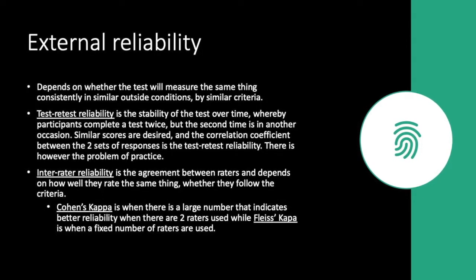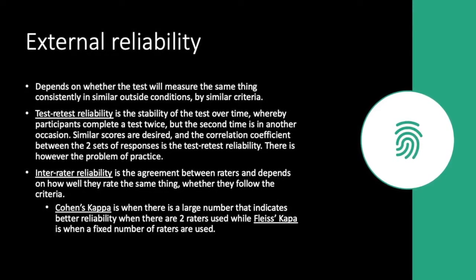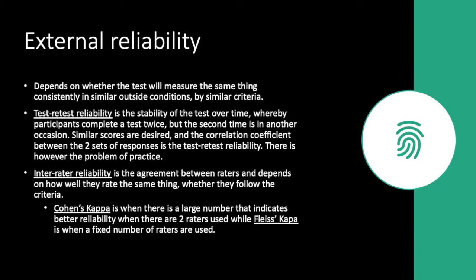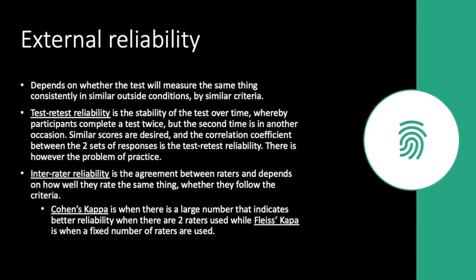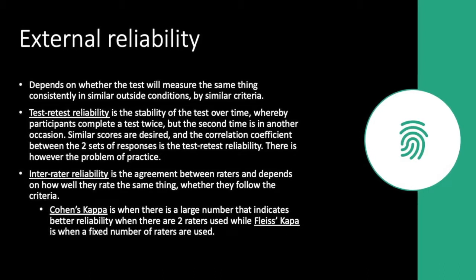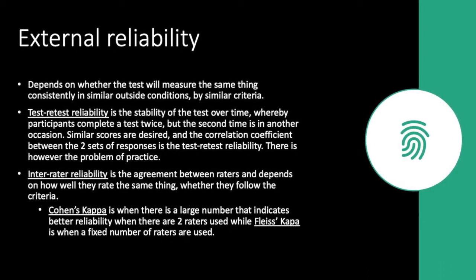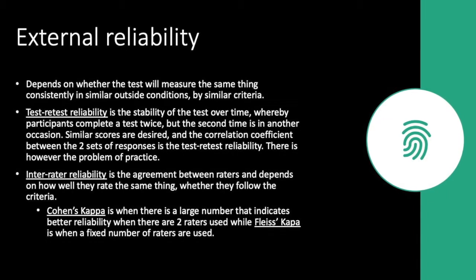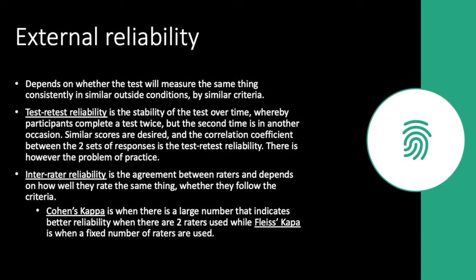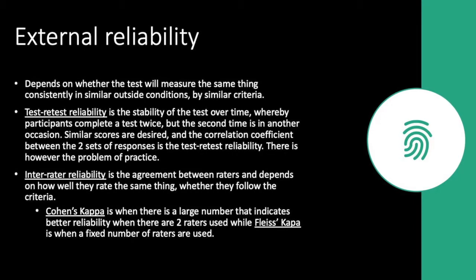Inter-rater reliability is the agreement between raters and depends on how well they rate the same thing, whether they follow the criteria. Cohen's kappa, where a larger number indicates better reliability, is used when there are two raters, while Fleiss' kappa is used when a fixed number of raters are used.